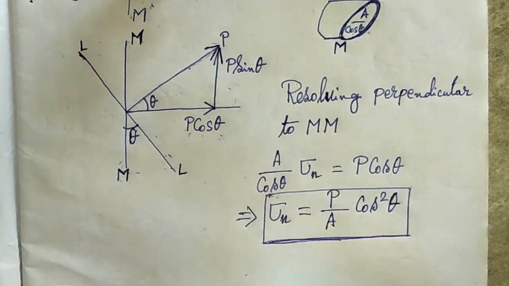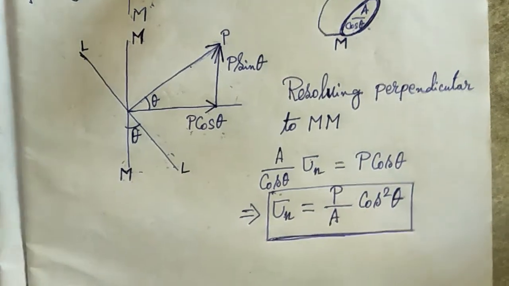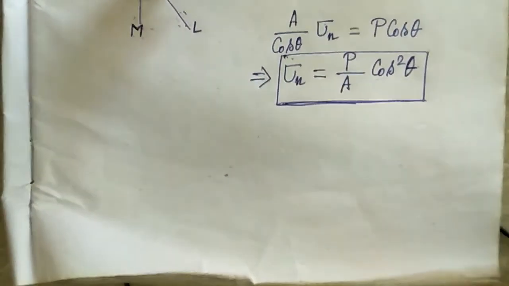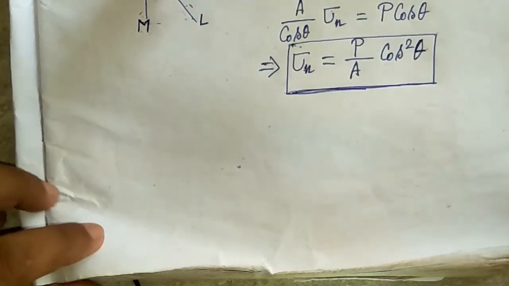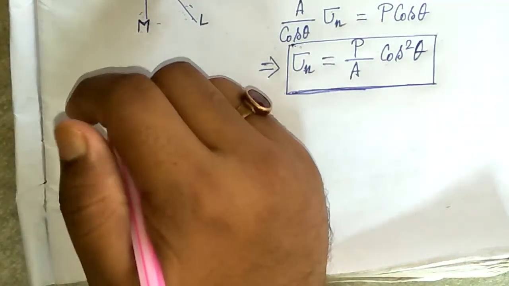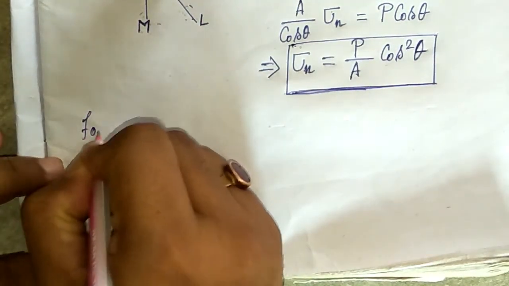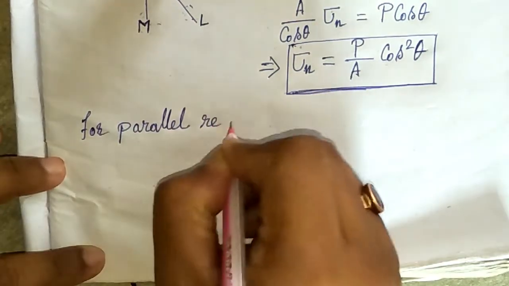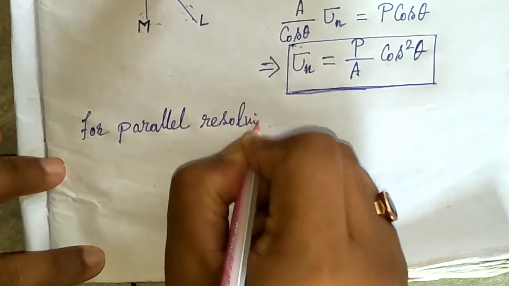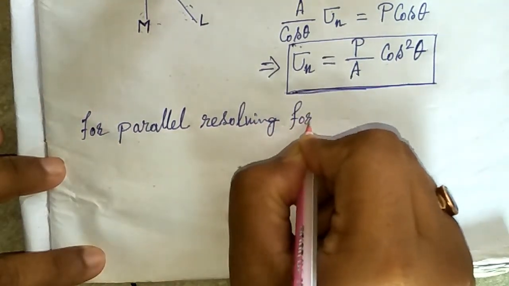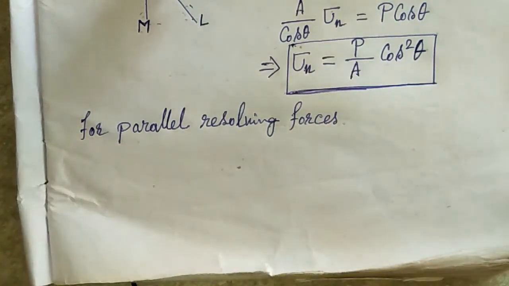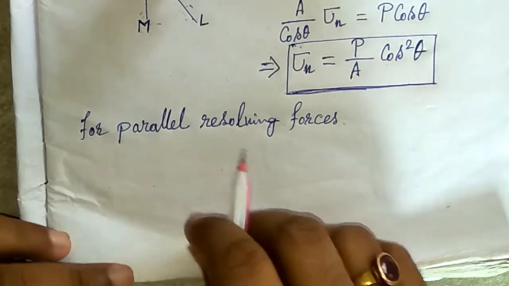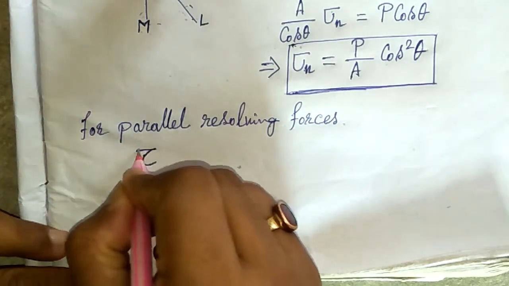Further, let's resolve the force parallelly. For parallel resolving of forces, we get tau, the shear stress.